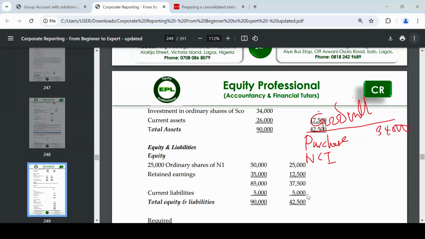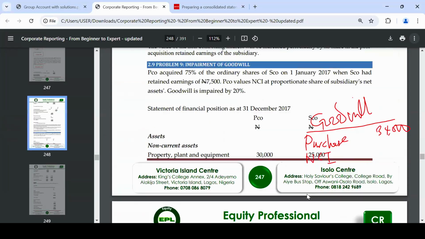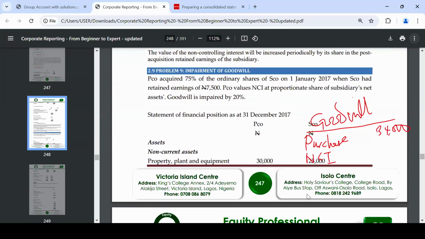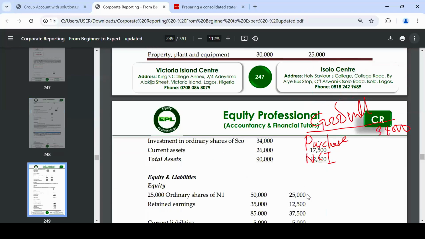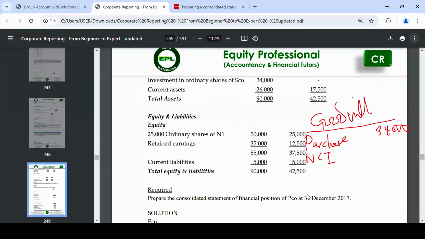But don't forget that the question mentioned to us that ESCO had retained earnings of 7,500 as at this date. So a simple calculation to do here would be to say 25% of 25,000 plus 7,500.